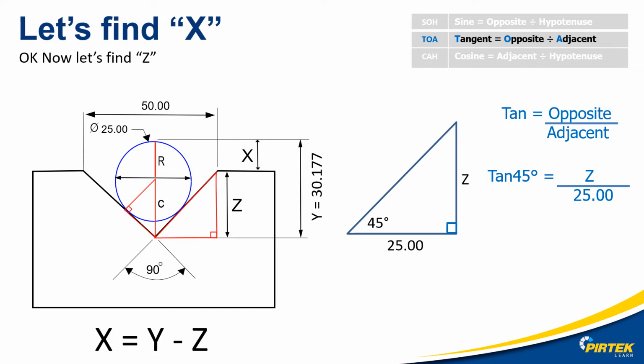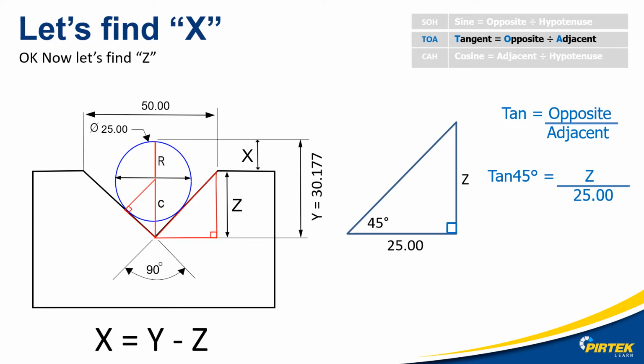Let's calculate Z. We have a reference angle. We have a length adjacent to the reference angle, and we're looking for the length opposite the reference angle. So opposite over adjacent equals tan. Tan equals opposite over adjacent.